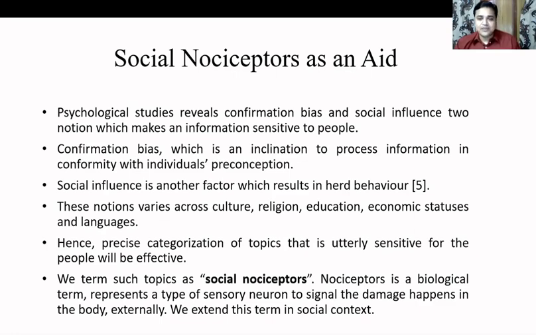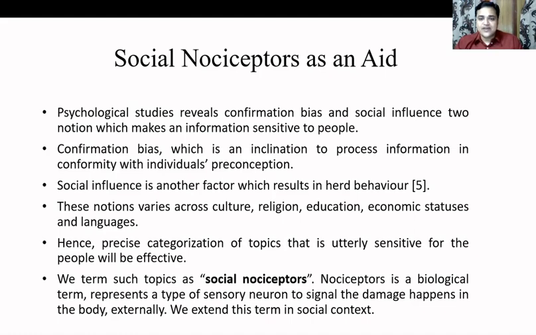Herd behavior is a behavioral science term. It reflects when a person starts adopting the activity, nature, or behavior of the people around him. That kind of attitude or behavior is a result of herd behavior.